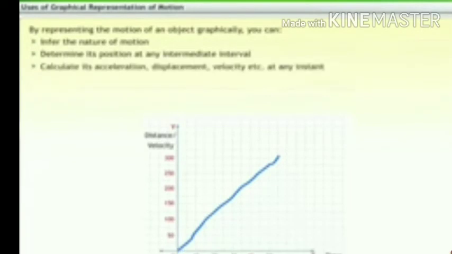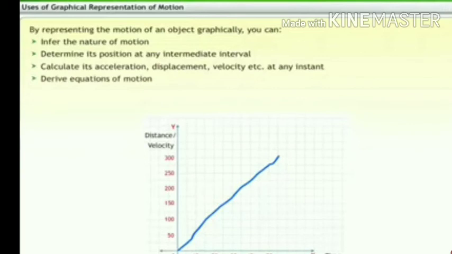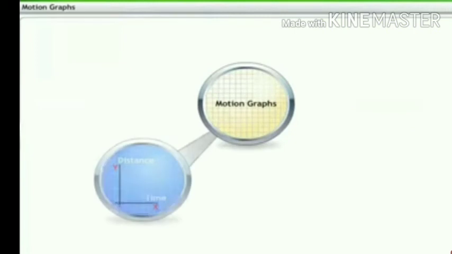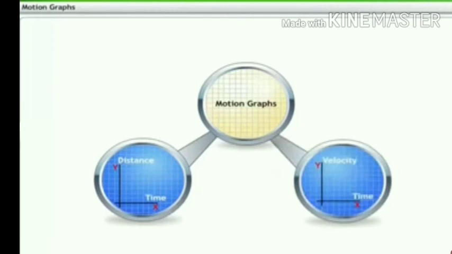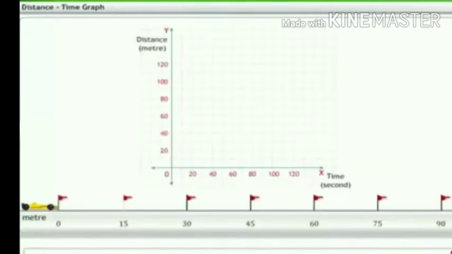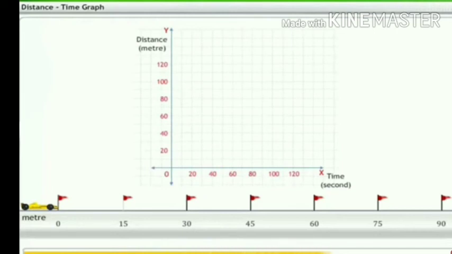Thus, graphical representation shows the nature of the motion, and determines the motion at any intermediate interval and at a specific interval of time. Thus, motion graphs are the distance-time graph and the velocity-time graph. From both these graphs, we can see graphically whether motion is uniform or non-uniform.